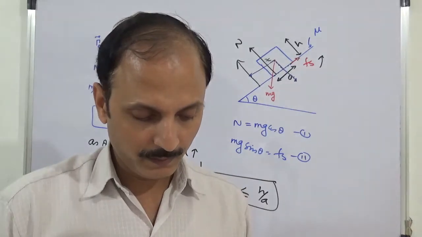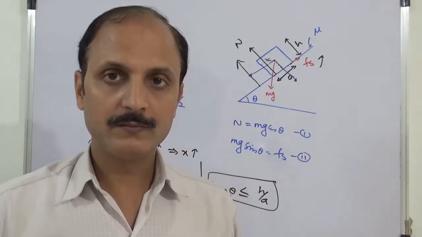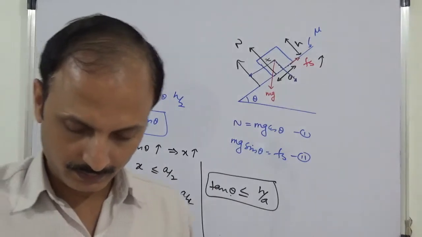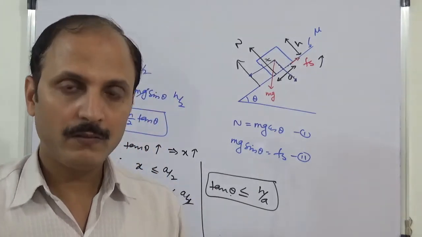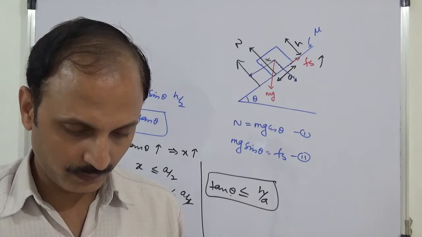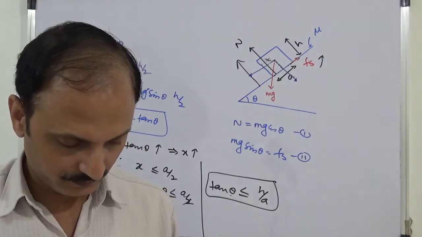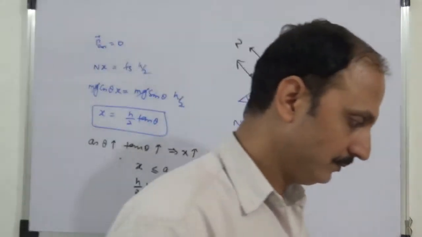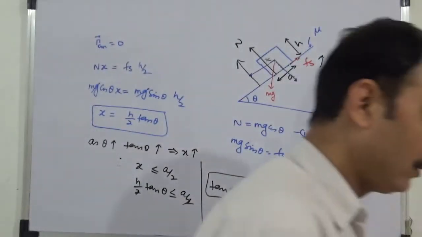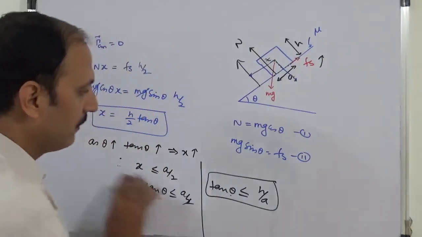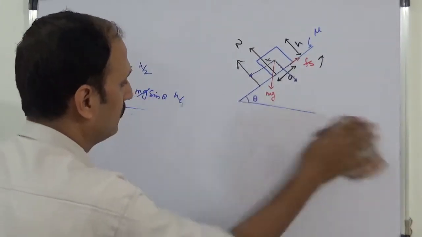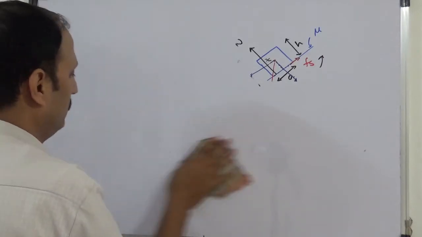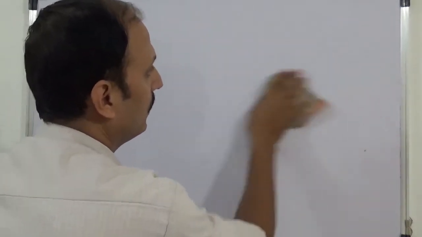Find the point of application of normal force on the block if mu k is given 0.5.